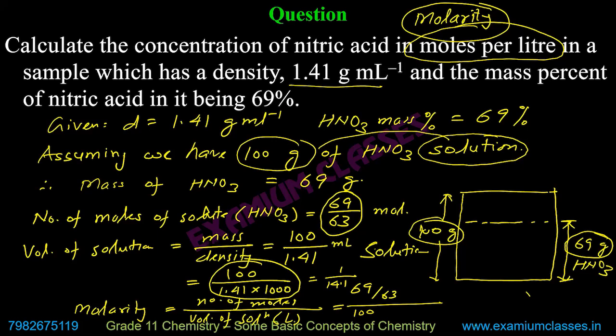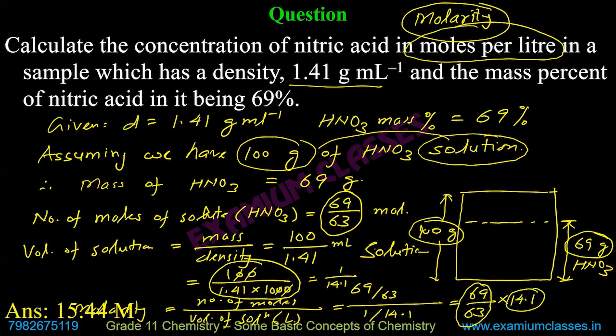Okay, 0 got cancelled. 1 divided by 14.1, that is 69 divided by 63 into 14.1. When you calculate, you will get the answer as 15.44, which makes sense because this will be slightly greater than 1, and if you multiply 14.1 with slightly greater than 1, it will be slightly greater than 14.1, that is 15.44.